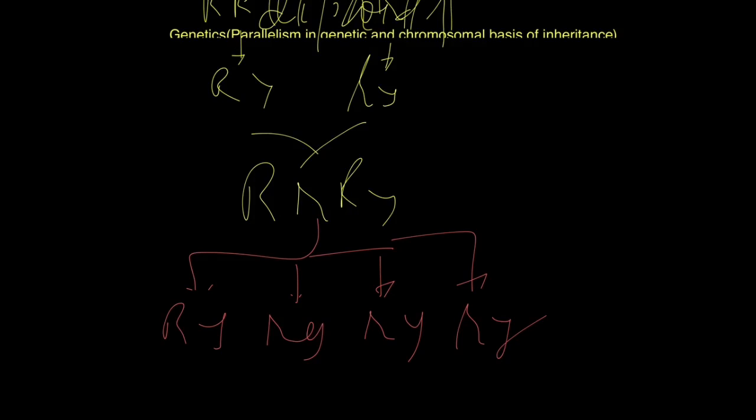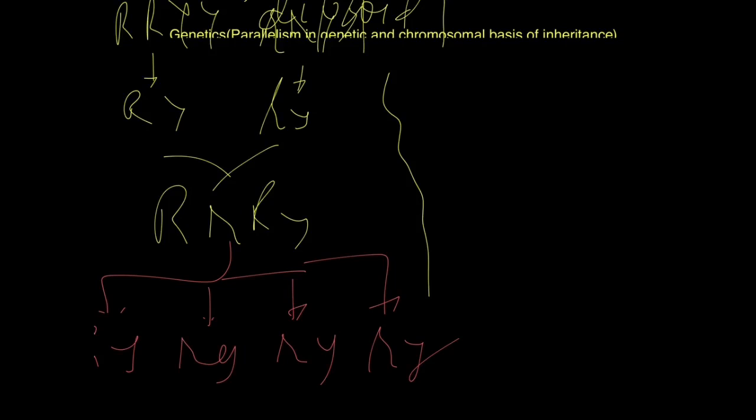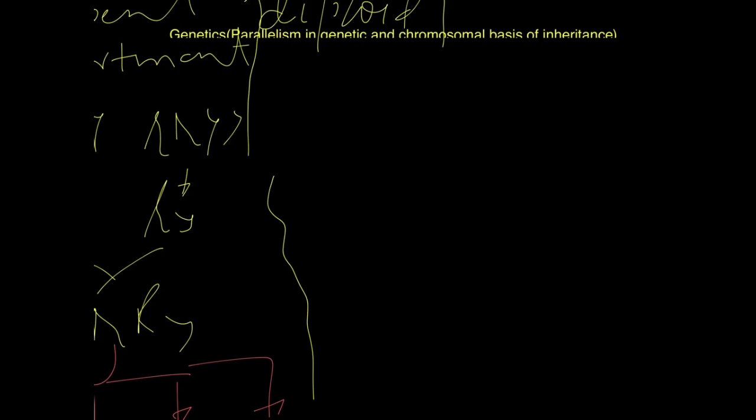Let us understand the law of assortment more clearly in the light of chromosomes. The law of independent assortment is more clearly understood when you study the crossing over phase during meiosis in cell division. Let us come to the crossing over phase.